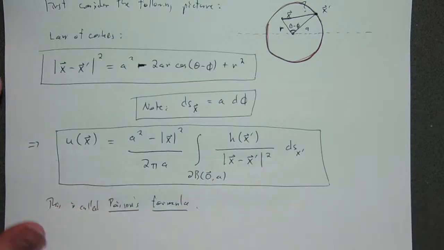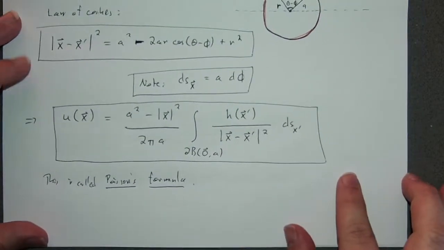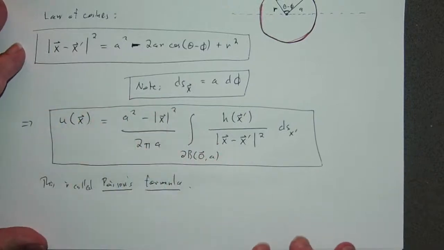The other thing, you might say, can I think of this as convolution? And the answer is yes, in a way. In fact, this Poisson's formula can be derived without separation of variables.